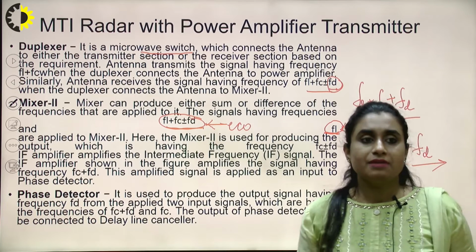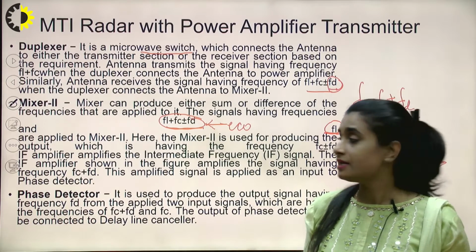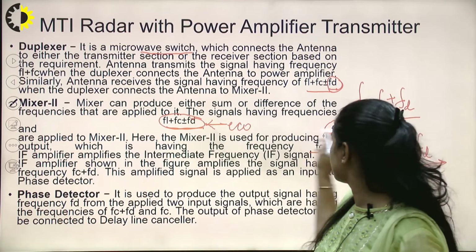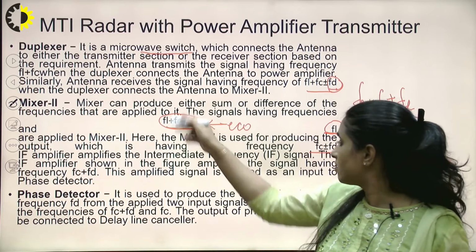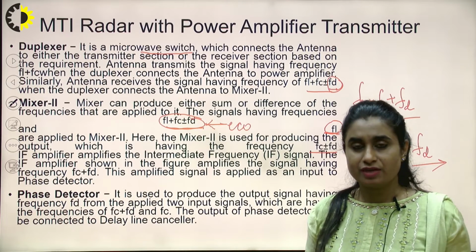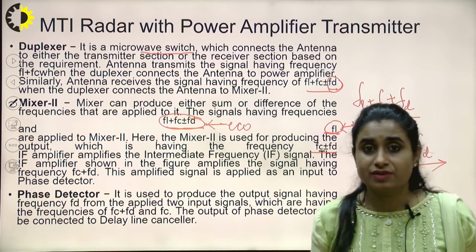The IF amplifier will amplify the sum or the difference, right? The output could be FL either subtracted or added in twice form, whereas the IF frequency, as it is the difference frequency, is lower than the RF frequency. Here mixer 2 will generate the difference frequency.